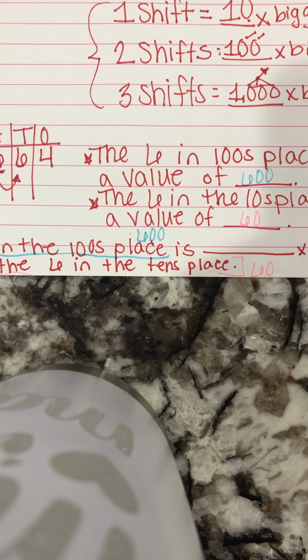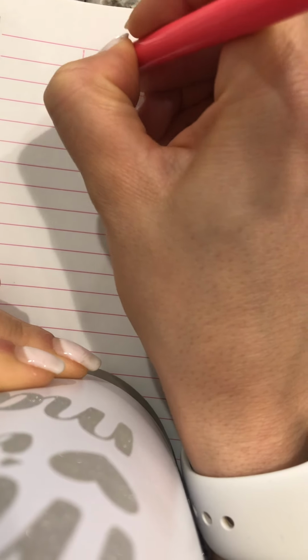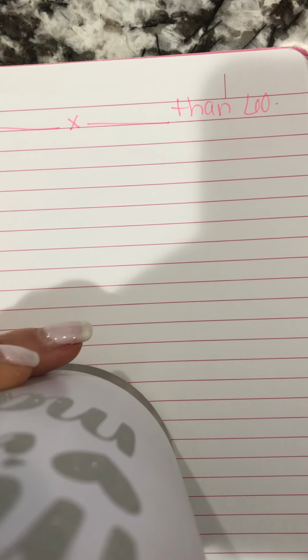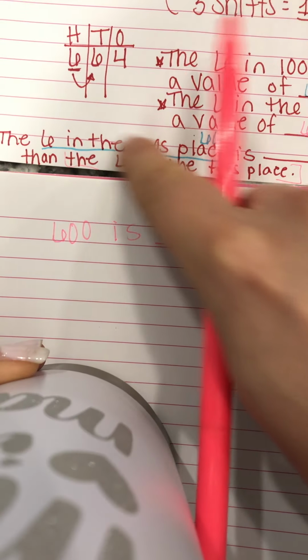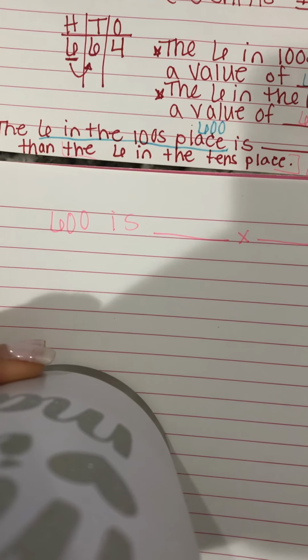Let's grab a new piece of paper. Now my sentence is, 600 is blank times blanker than 60. I'll shimmy my work over here so you guys can see. So we replaced all those words, we translated.